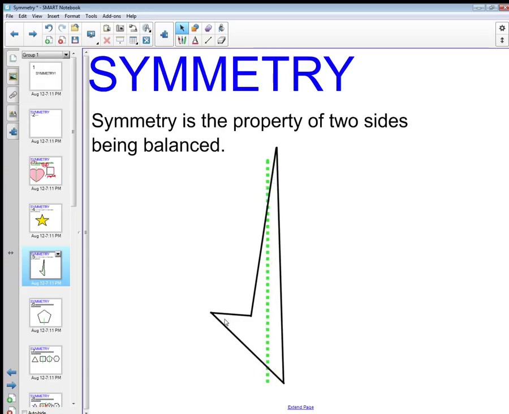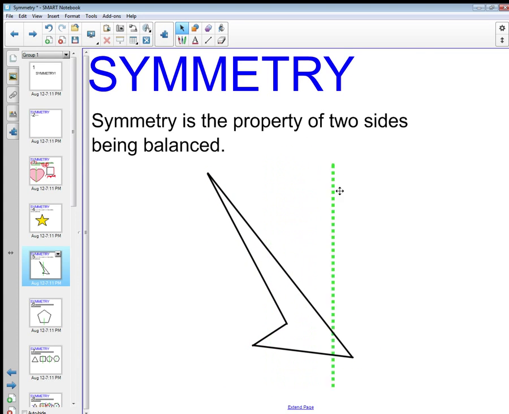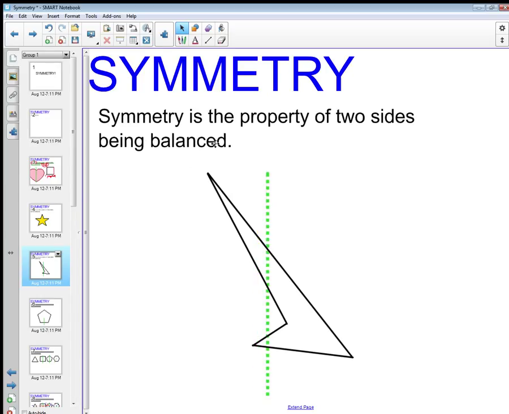I can't take this side and fold it over to here. No matter how I try to divide this up, no matter where I move this line, I'm not going to be able to create a space that is symmetrical. So some shapes do not have the property of being balanced. I'll say that again. Some shapes do not have the property of being balanced. This is not a balanced shape, so to speak.